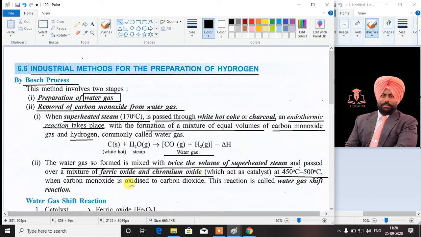When these react together, they form a reaction in which carbon monoxide reacts to form carbon dioxide. This carbon monoxide is converted into carbon dioxide, which is easier to remove than removing carbon monoxide from hydrogen.